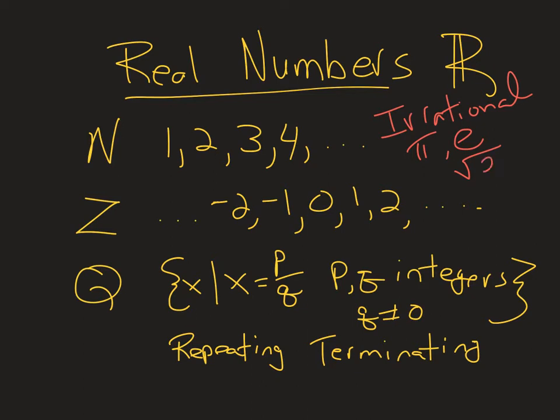So it might be the square root of 2, square root of 7. Not a number like 4, because the square root of 4 is the integer 2, but anything else that's not a perfect square would give you an irrational number. And contrast that to repeating and terminating. If you look at that decimal expression, it will not repeat and it will not terminate. It just goes forever without a pattern.